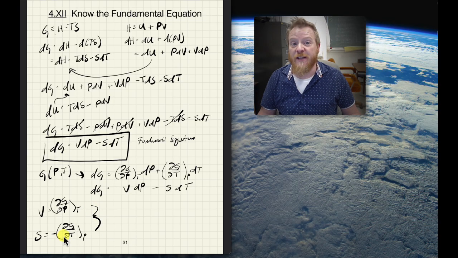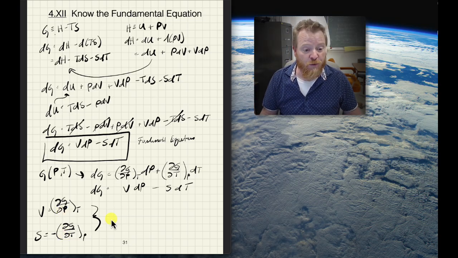And now similarly, noting that these are state functions and have exact differential expressions, we can switch the order of the derivatives.